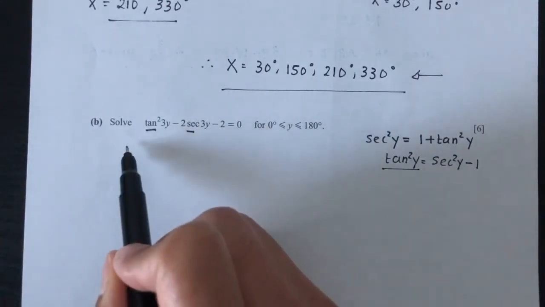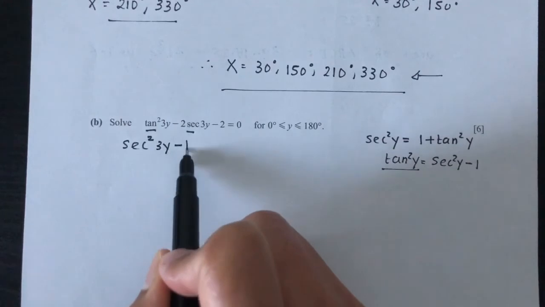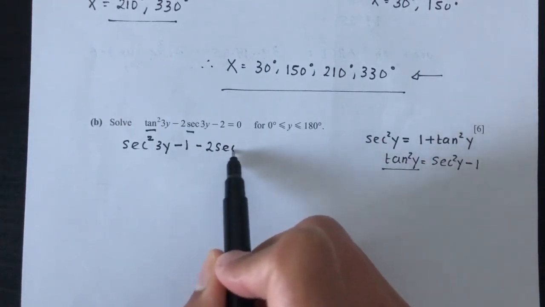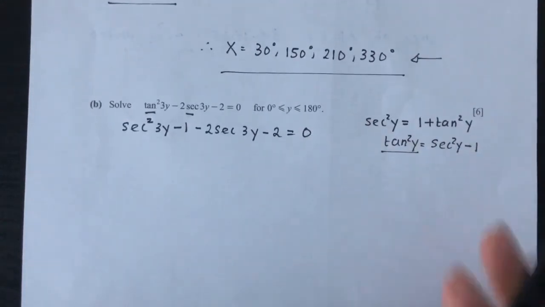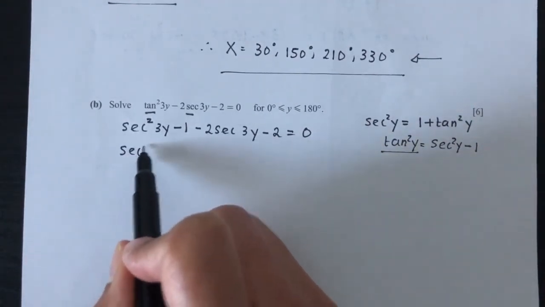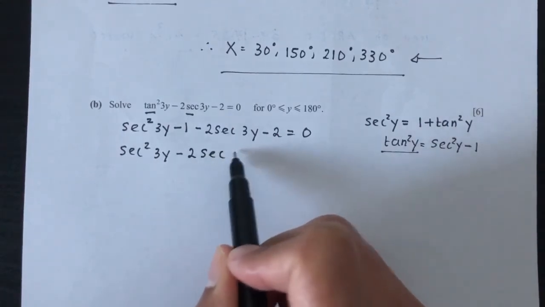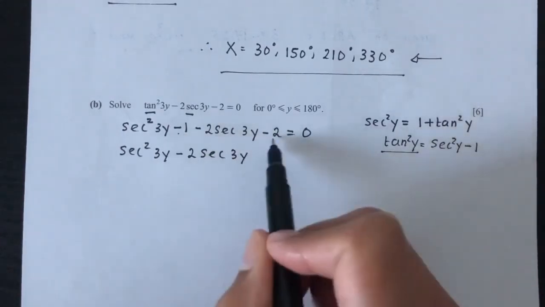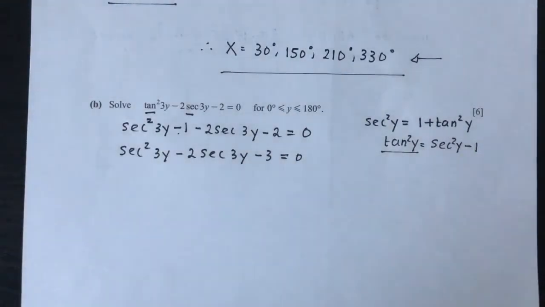You will have sec square 3y minus 1 minus 2 sec 3y minus 2 becomes 0. Now simplify, you will have sec square 3y minus 2 sec 3y minus 1 minus 2 is minus 3 becomes 0. So this one is kind of tough to solve.